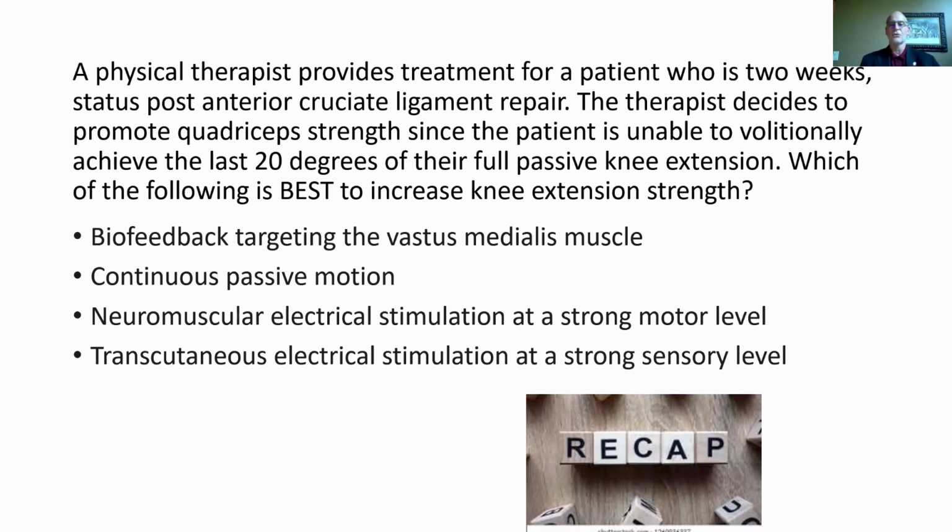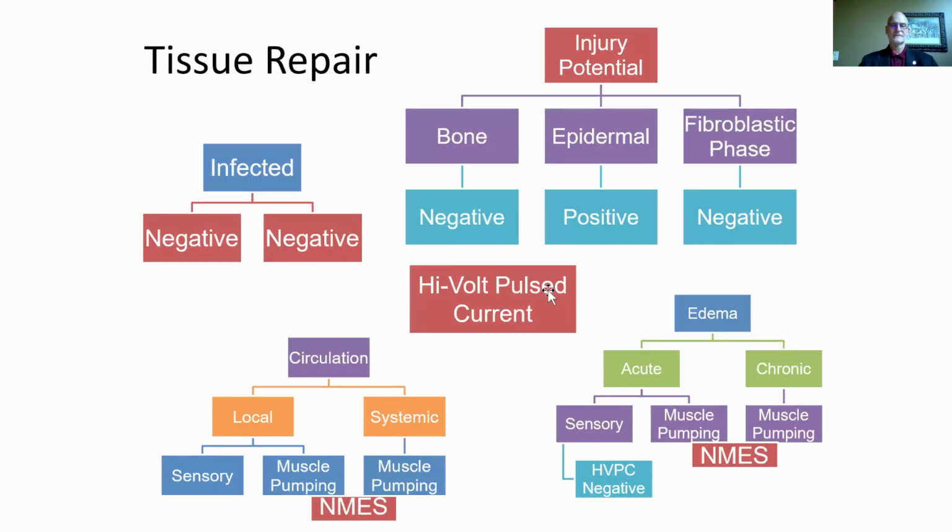You need to target the whole quads. That's the real point. It's not just the vastus medialis. But after this, hopefully it makes NMES a little bit easier of a choice.